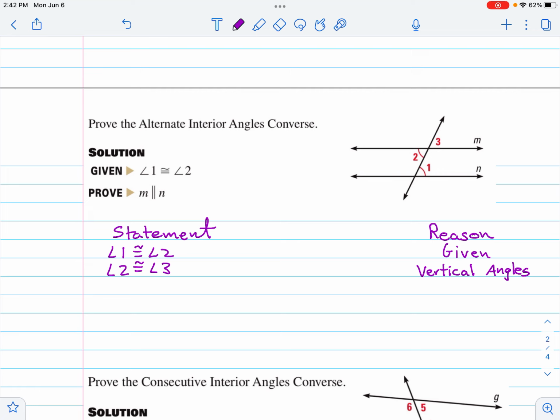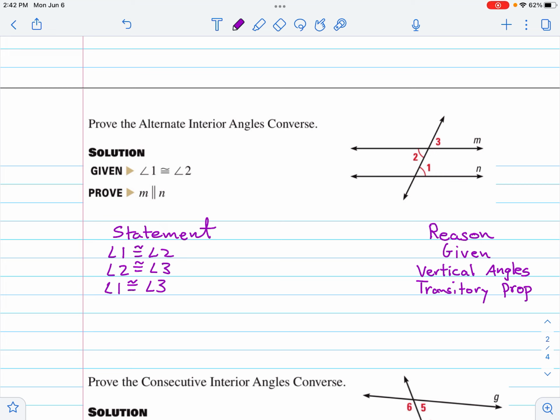Okay, now that we know that angle 1 is congruent to angle 3, that's by the transitive property. Remember, if angle 2 is congruent to angle 1, and angle 2 is also congruent to angle 3, then angle 1 is congruent to angle 3.